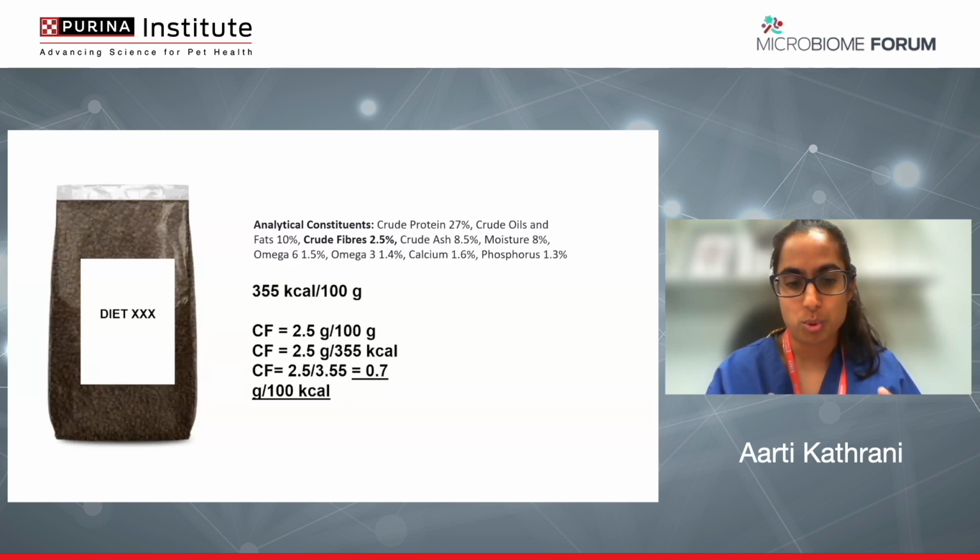It doesn't capture any of the soluble fibers, so it's less accurate than total dietary fiber. But for a lot of over-the-counter well-pet diets, the manufacturers don't have that information to give you. So if you call up the manufacturer, because legally they're not required to measure it, they're only required to put the crude fiber on the pet food label. They probably don't have the total dietary fiber information. So what they'll give you is the crude fiber.